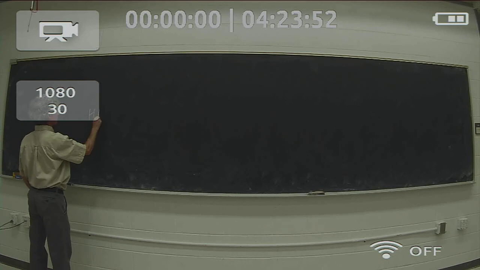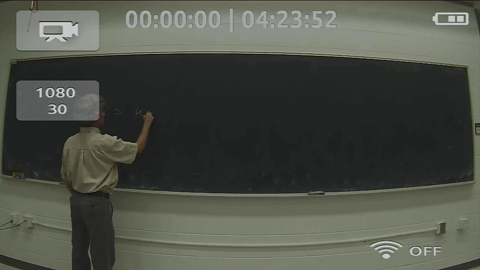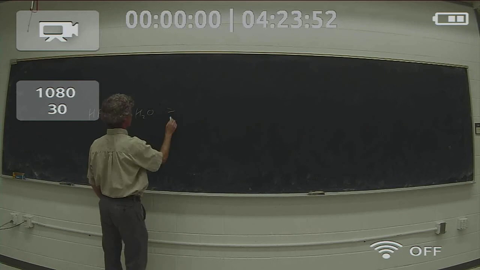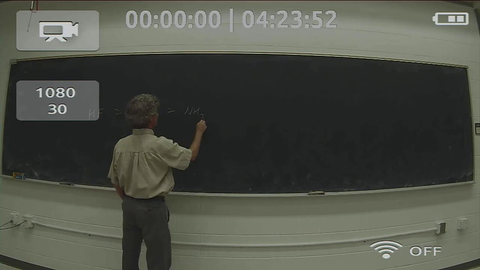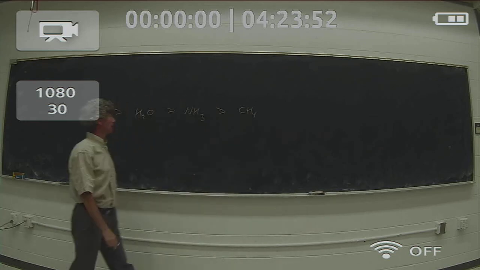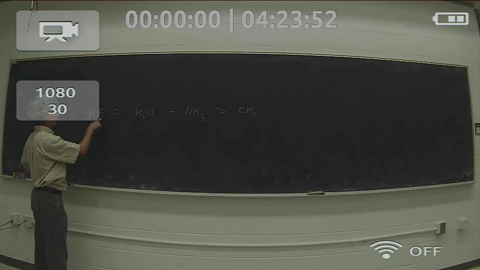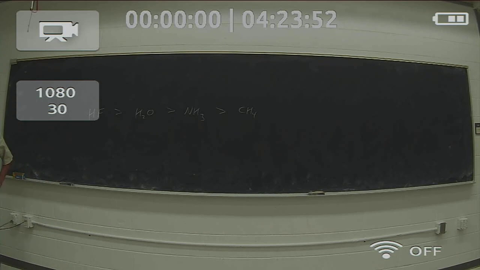So HF is a stronger acid, for example, than H2O, and H2O is a stronger acid than NH3, and NH3 is a stronger acid than CH4. Right? As we go across the second row from right to left, from fluorine to oxygen to nitrogen to carbon, we gradually decrease the number of protons in the nucleus.